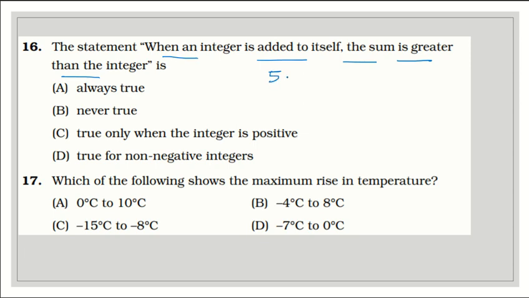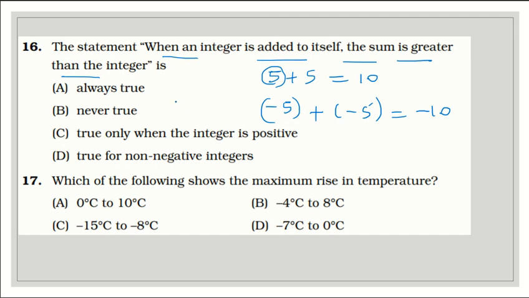See, suppose 5 is added to 5, it gives 10, and it is obviously greater than the original integer 5. But if I add minus 5 to minus 5, it gives me minus 10, where minus 10 is not greater than minus 5; it is less than minus 5.